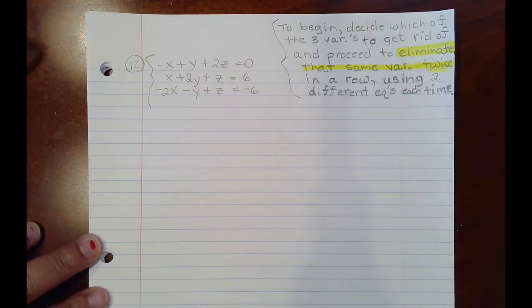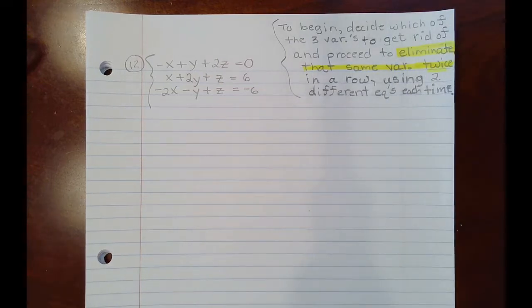Okay, so in this particular problem, we're going to just try and decide. I put some notes for you right here because a lot of students seem to get all flustered by a 3-variable system, and the main problem from what I gather is that they don't know how to start.